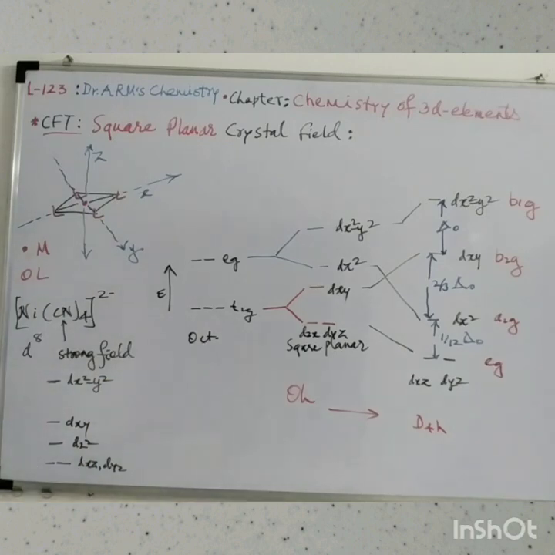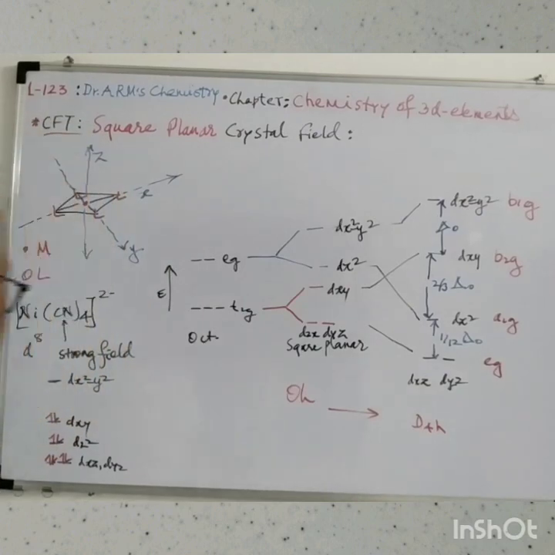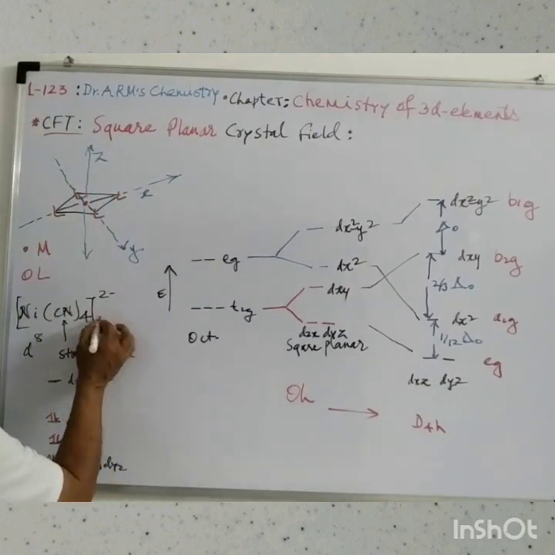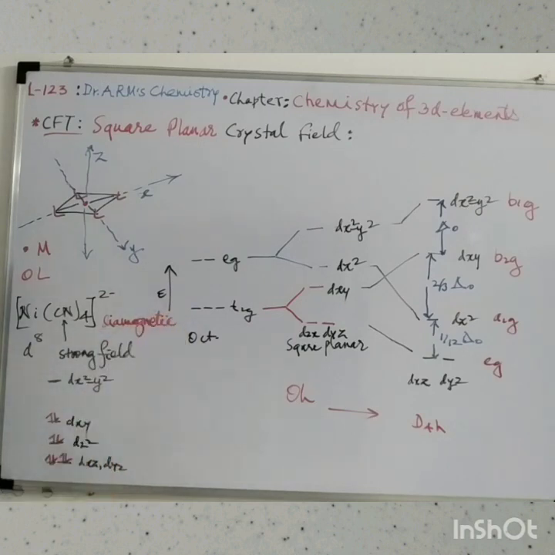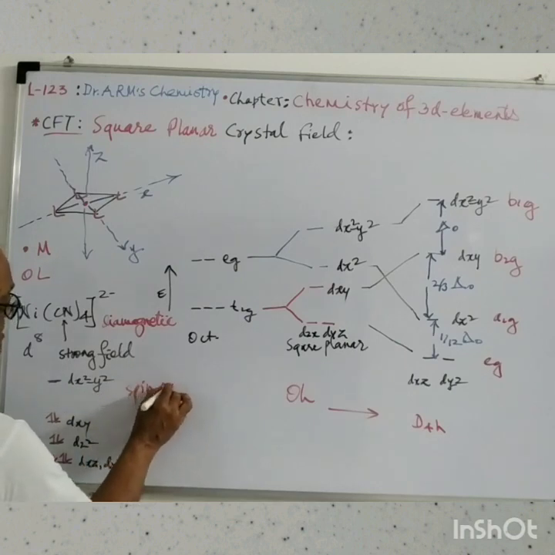Distributing the electrons, we have 4 plus 2, 6, and these 2, 8 electrons in this way. Because of such distribution, there is no unpaired electron. Hence this complex is diamagnetic, and it is also called spin paired.